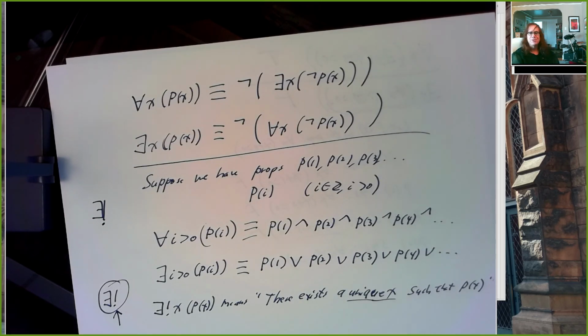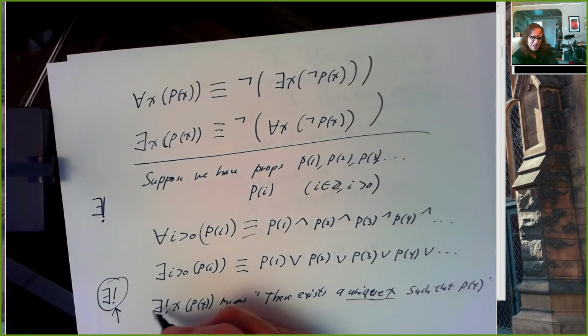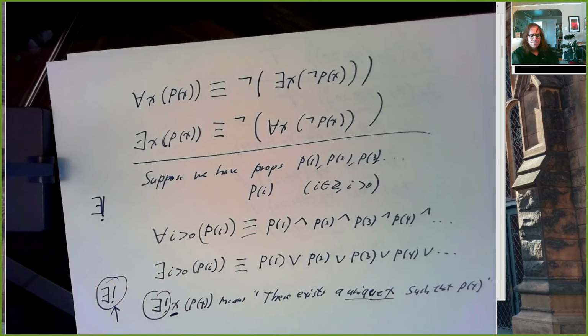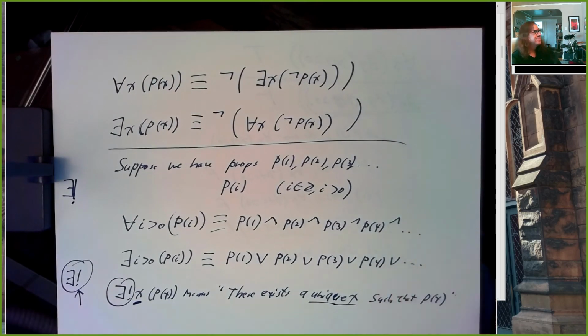It would be really confusing. But that's what we got. So it's saying there exists a unique x. Does that make sense? So it's a little unfortunate symbology.